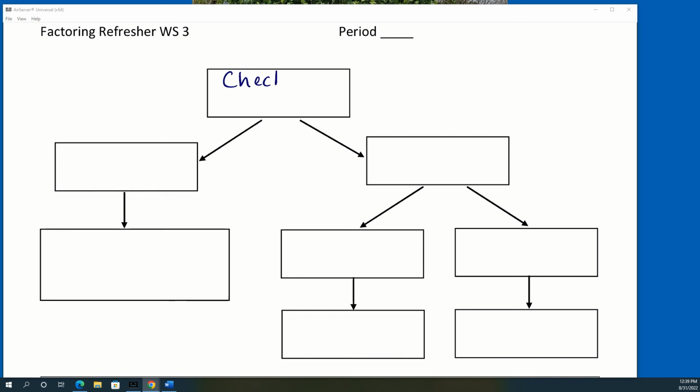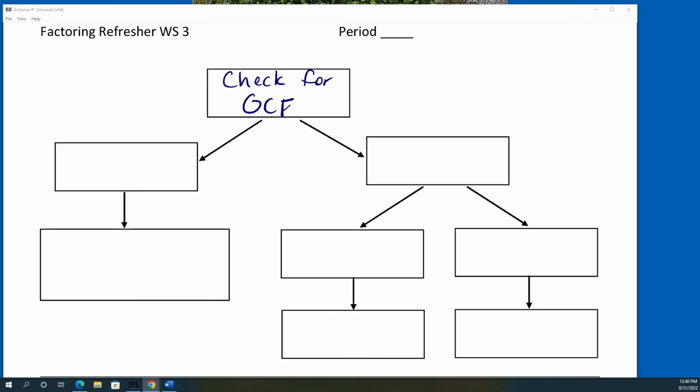So that's the first thing we're going to do. Check for a GCF. Okay, check for a GCF.